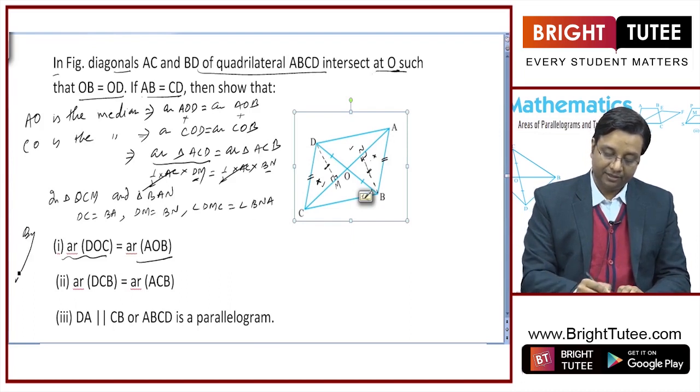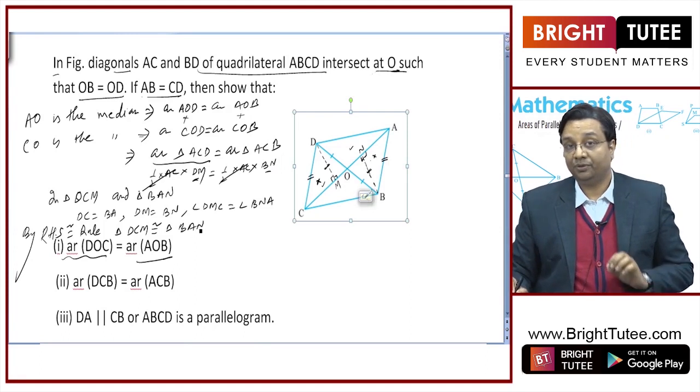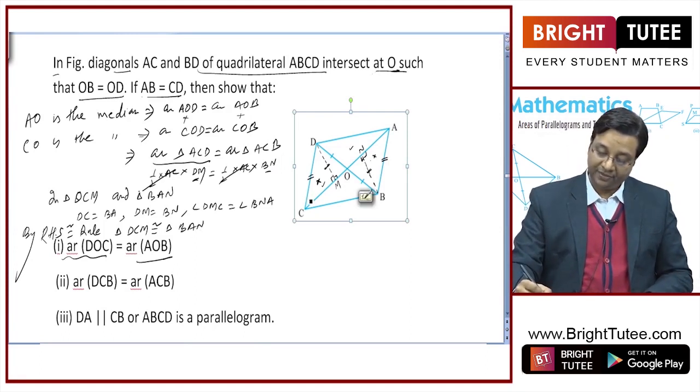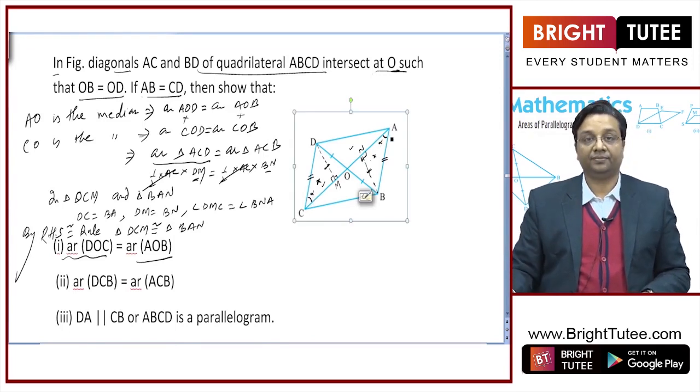So by RHS congruency rule, triangle DCM is congruent to triangle BAN. Once you have proved these to be congruent, you can say by CPCT this angle is equal to this angle, right? Also, let us say this angle is alpha, so this angle will also be alpha.